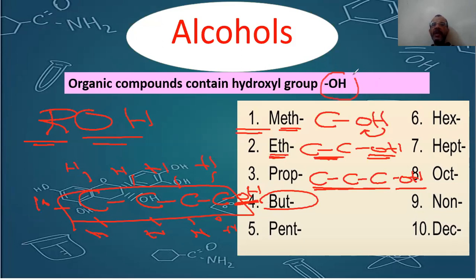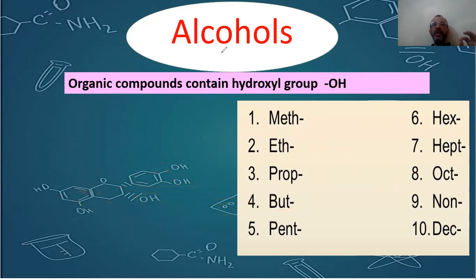Focus on the OH, one oxygen atom joined to H. This means a hydroxyl group. The compound may be something like an aldehyde, but once H is joined to O, it is an alcohol. This is the hydroxyl group.